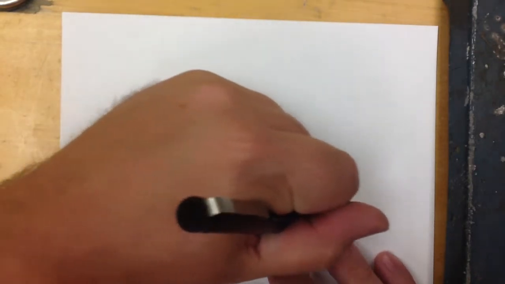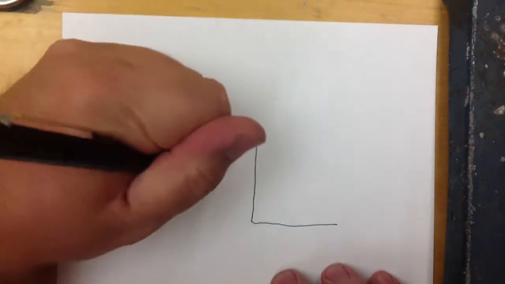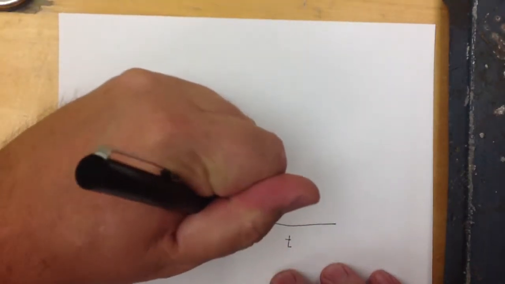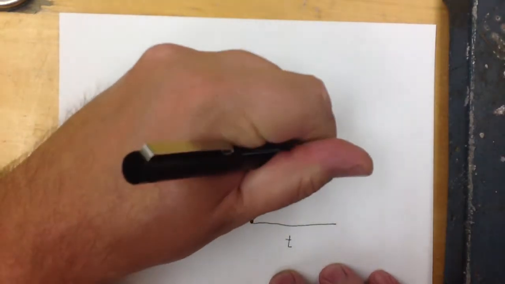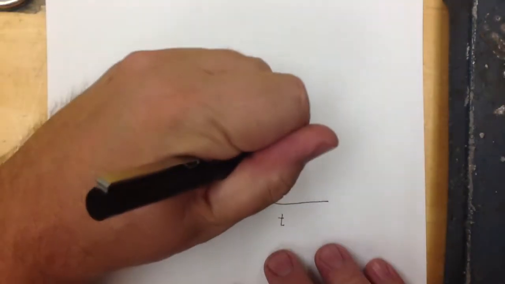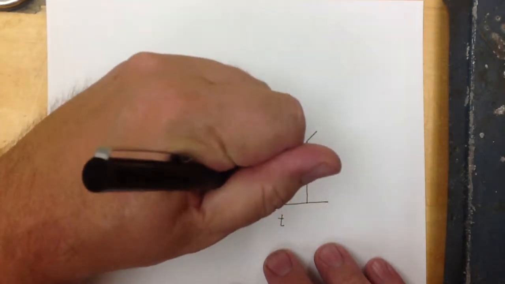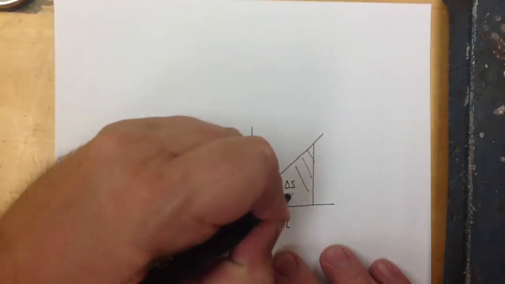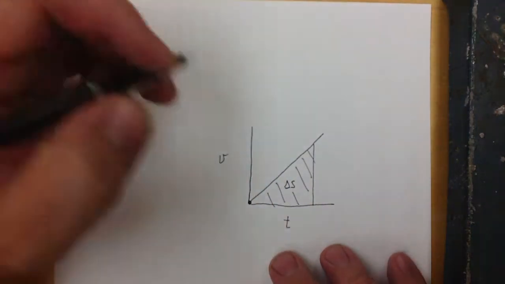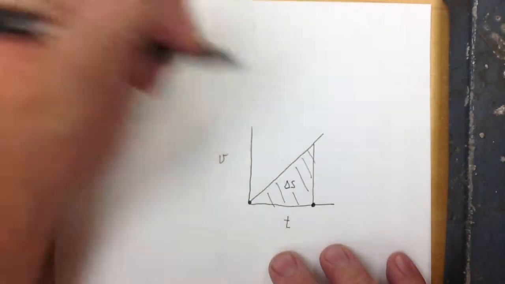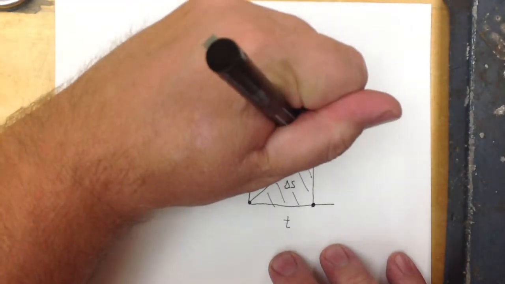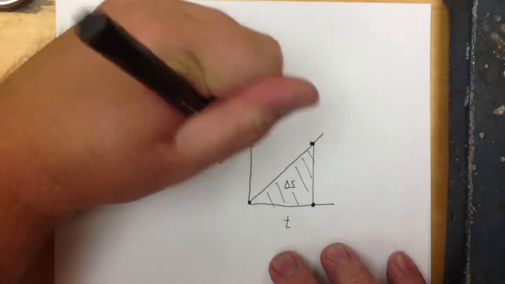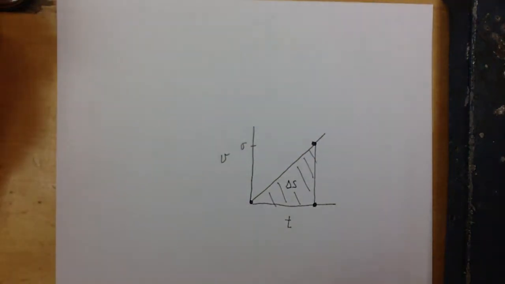Let's take our third case scenario where we start from the origin and we have a constant acceleration, and let's find this area which represents delta S. So we're looking for the area of this triangle at some time down the road where we've achieved some sort of velocity that's listed over here.